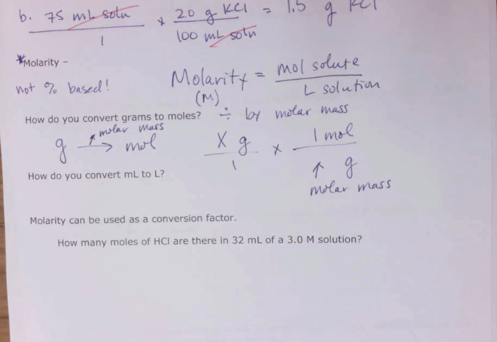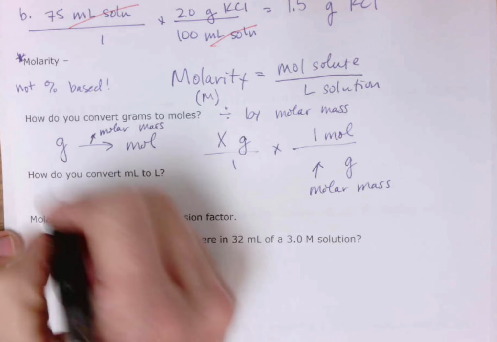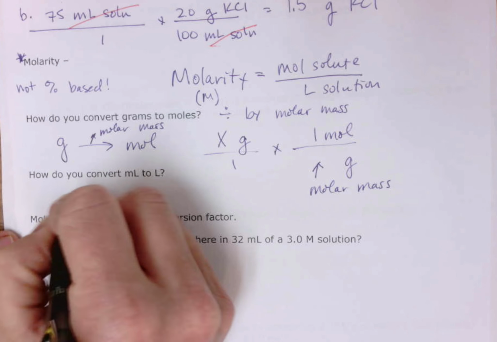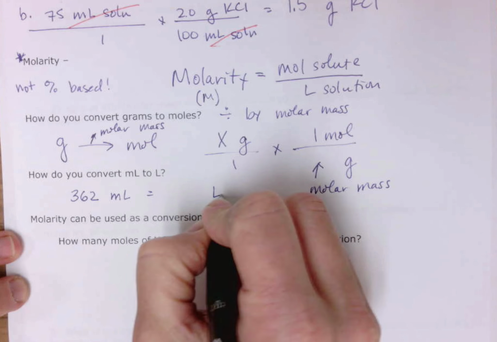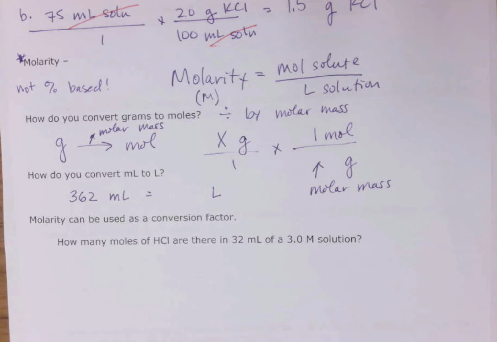Now the other thing you need to know how to do in order to do molarity problems is to convert milliliters to liters. If you start off in, let's say, 362 milliliters, and I want to know how many liters that is, remember we can move the decimal using that prefix ladder.